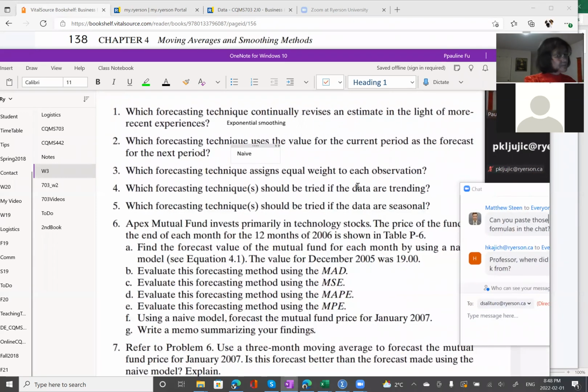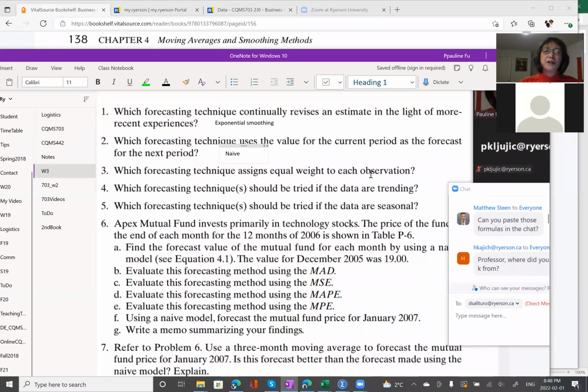Question 3. Which forecast assigns equal weight to each observation? Equal weight for each observation.